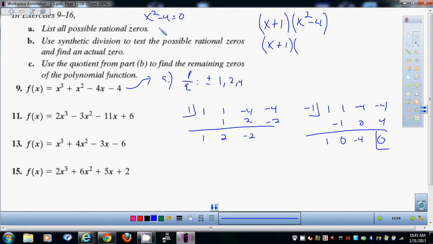And what's x going to be? Plus or minus 2. Plus 2 and minus 2. So what are all my zeros? Very good. Negative 1, positive 2, and negative 2. And you have solved that problem. Now look, all three of those were on our list. Yay.